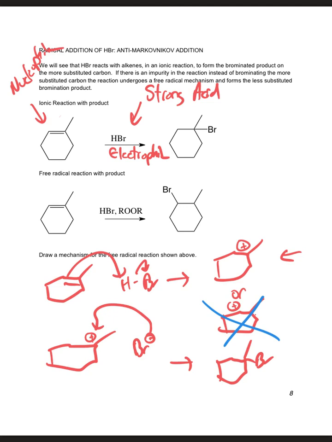The second one, where we have HBr and a peroxide, we'll draw on the next page. I'll add a page in here. If we have this same alkene and we add HBr and the peroxide to it, since we have the peroxide in there, we know it's going to be the initiator.